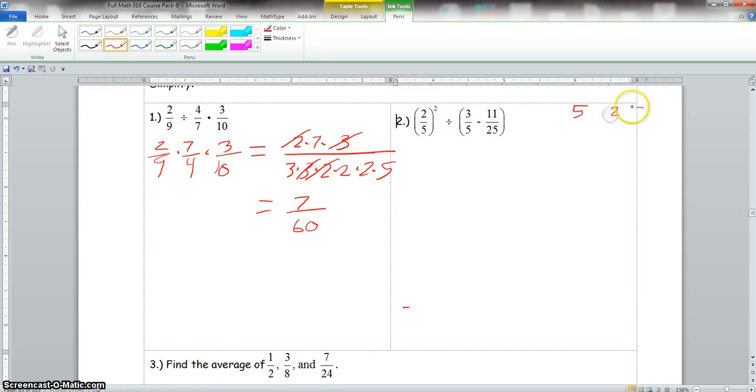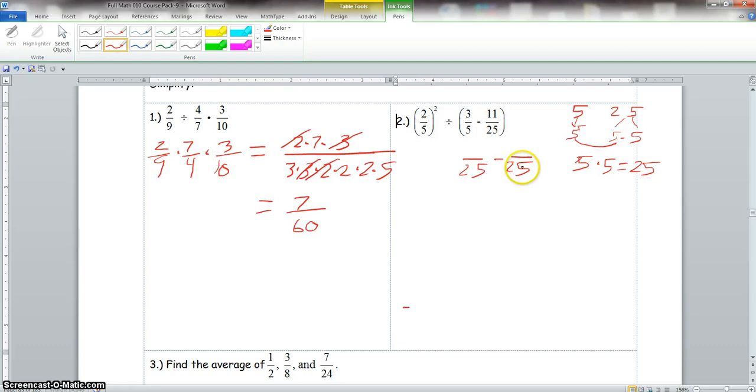We have 5, we have 25. 5 is already prime, and 25 prime factorization is 5 times 5. Now they have one set of 5s that match up, so you write that once. And then we have an extra 5 here. So your common denominator would be 25. So we'll make these denominators 25.